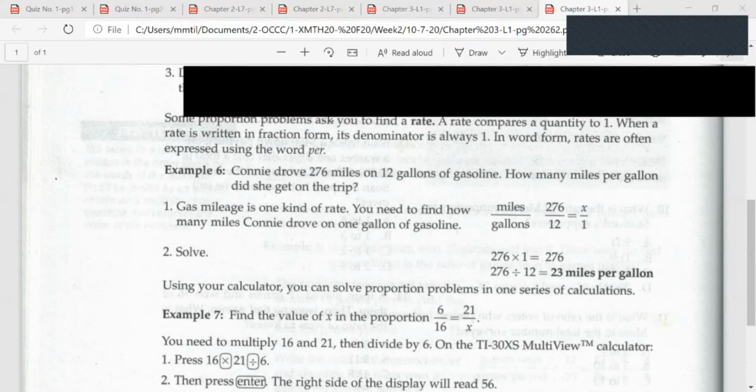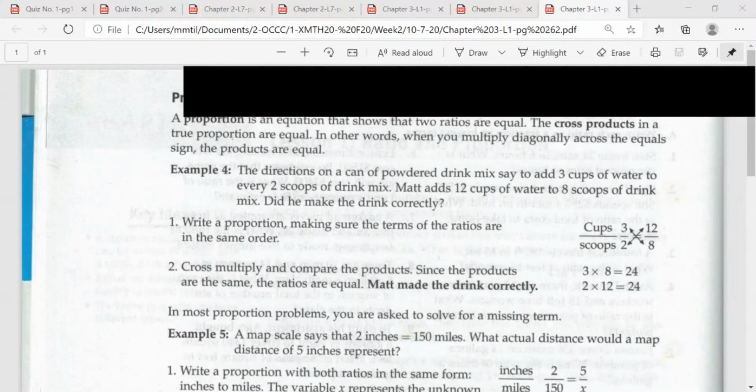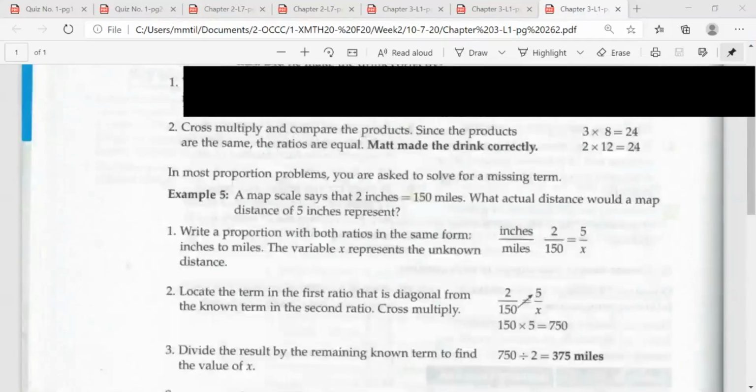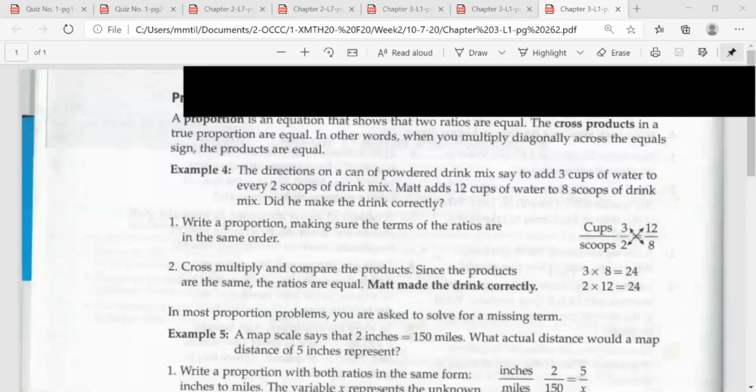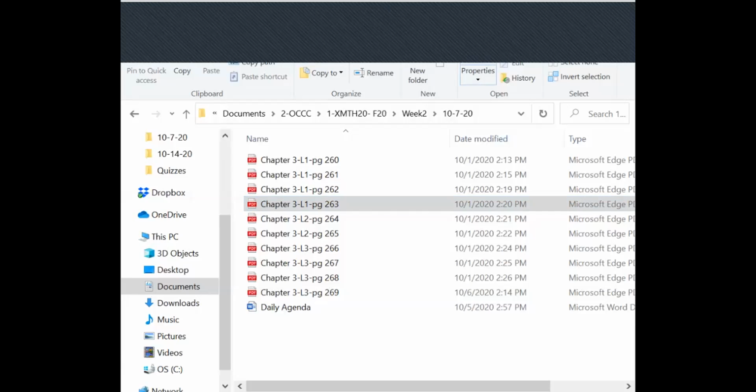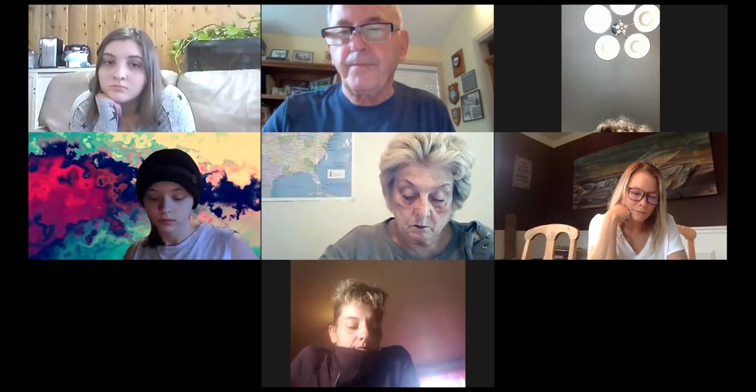Let's just go on to the next page, 263. These ones use decimals, and you have to do it that way.